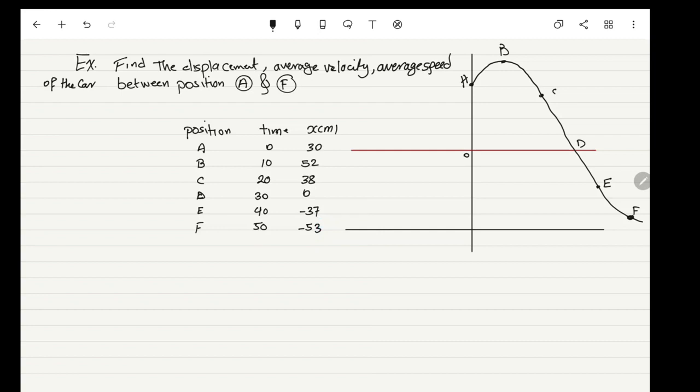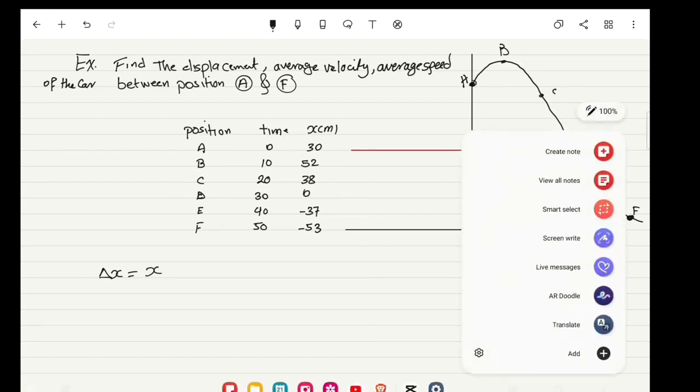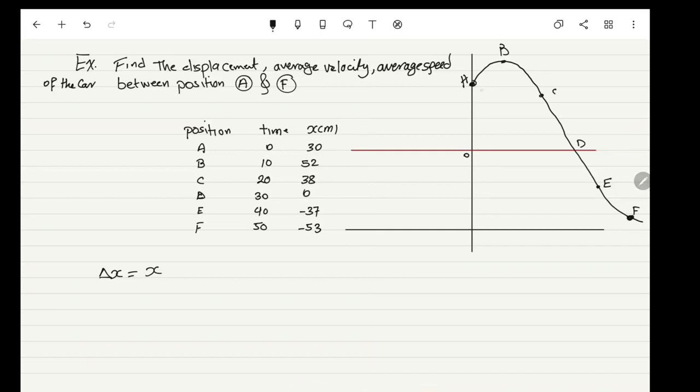Now, to find the displacement, displacement equals delta x. Between position A and F, all we need here is the initial and the final position of the car's motion. The displacement equals xf minus xa.